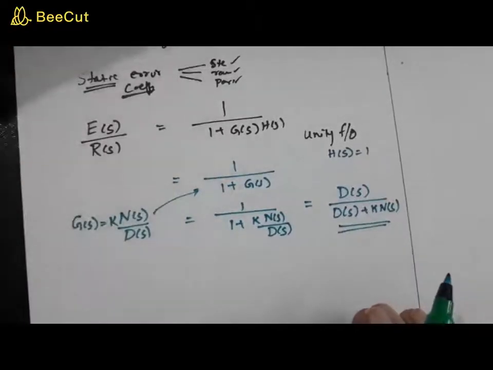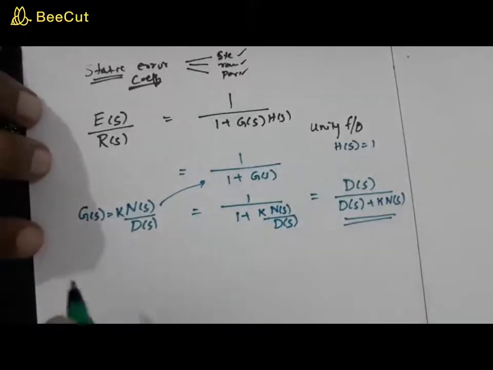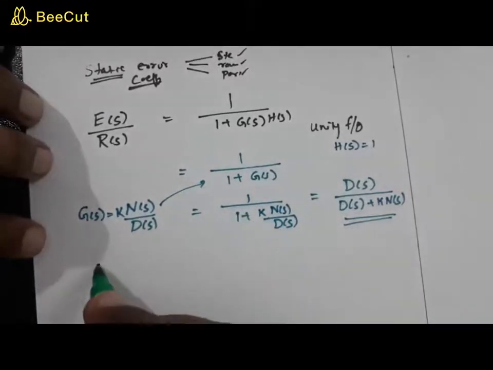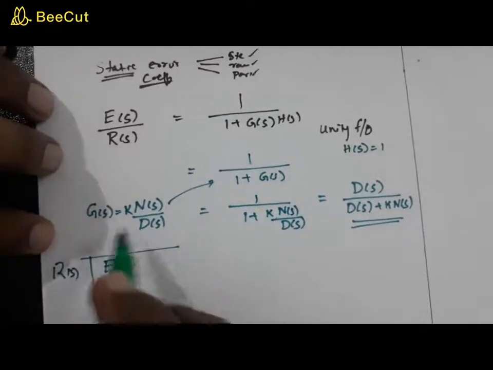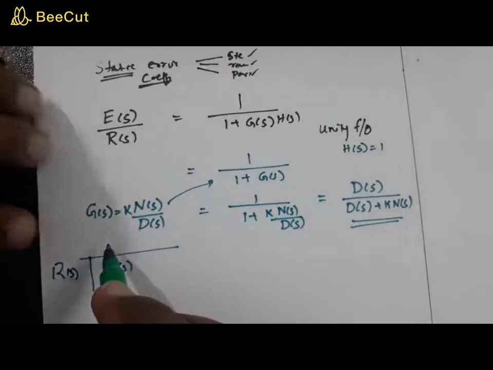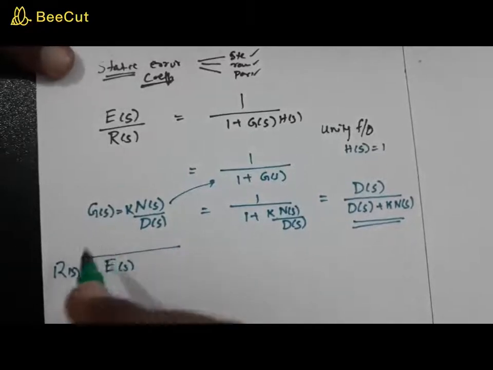So you can carry out actual division by keeping the numerator and denominator polynomials in ascending powers of s. We just want to know this E(s), so you are dividing in such a way, keeping it in ascending powers of s.